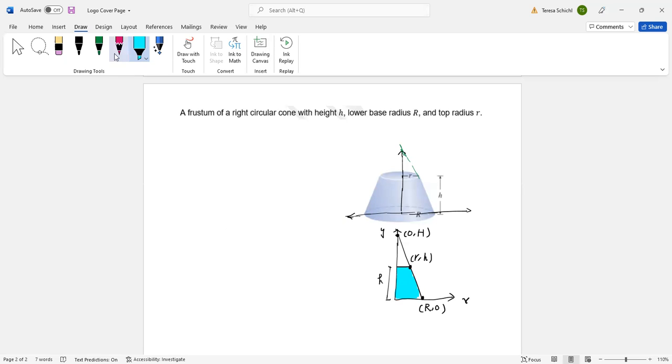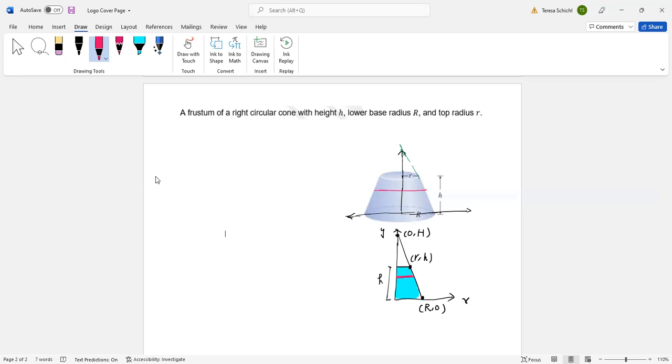Like we talked about, if I do a cross section perpendicular to the y-axis, I will get a circle. That will be my A(y).